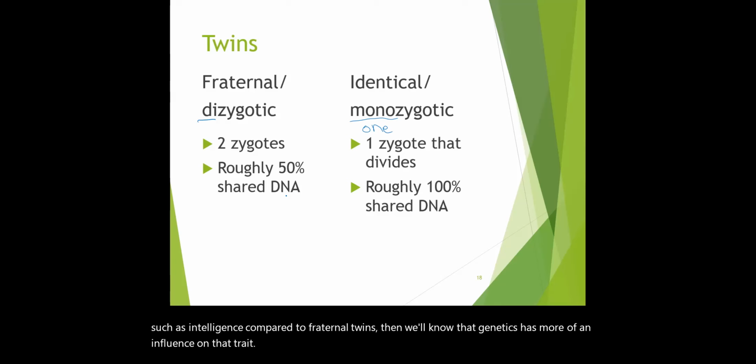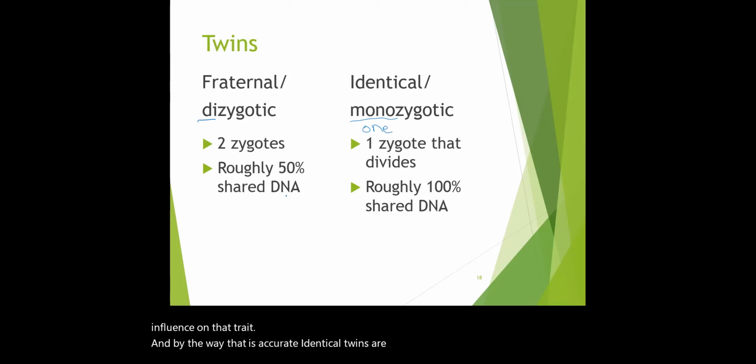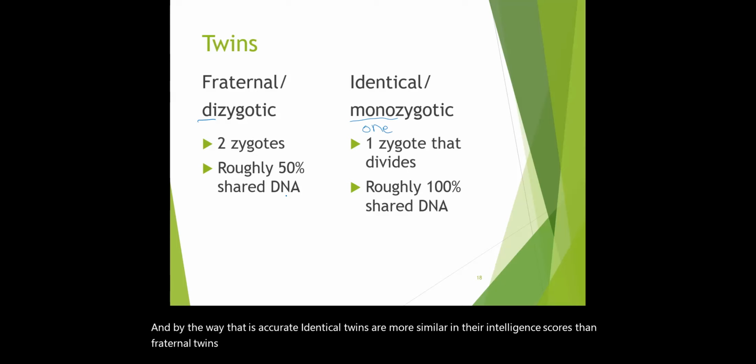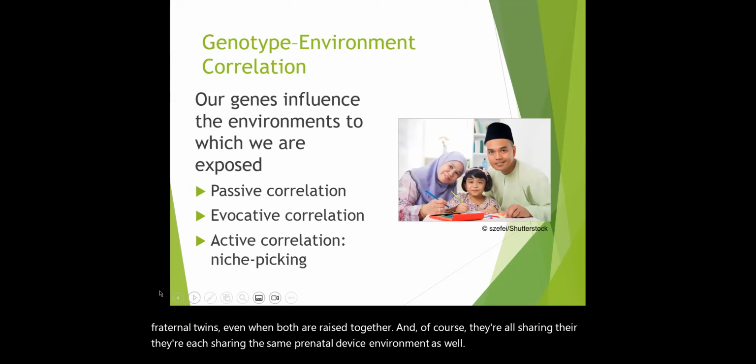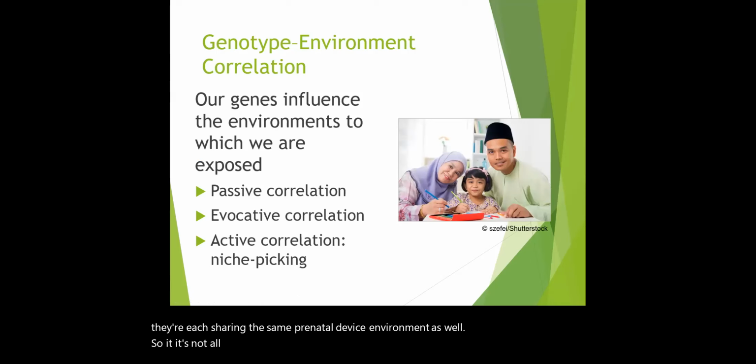And by the way, that is accurate. Identical twins are more similar in their intelligence score than fraternal twins, even when both are raised together. And of course, they're each sharing the same prenatal environment as well. So it's not all about genes, of course.